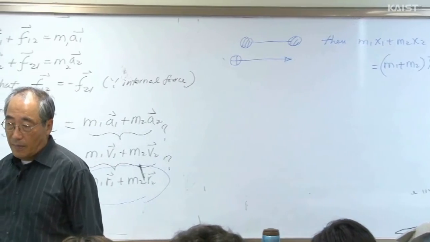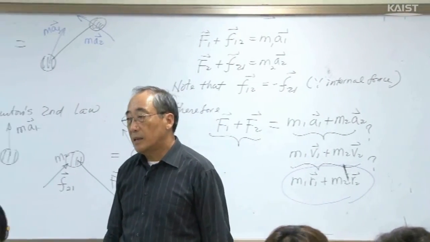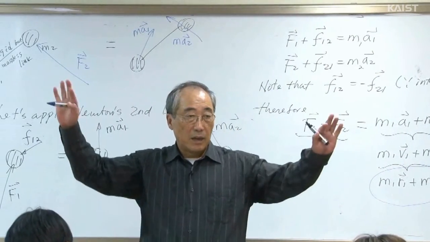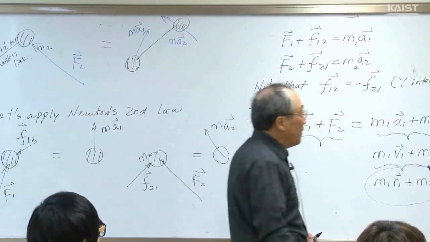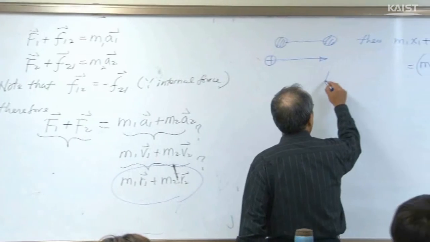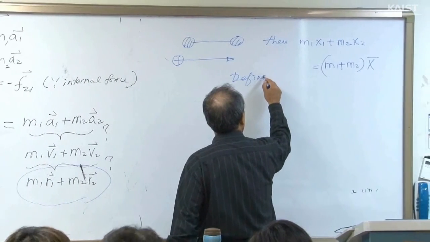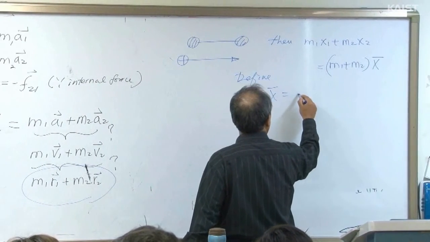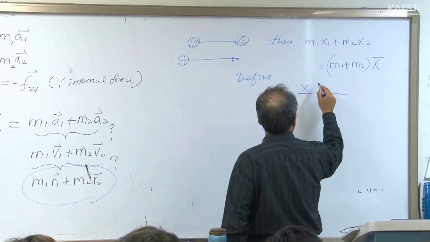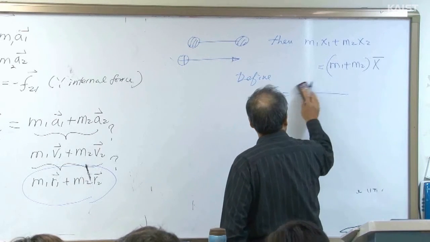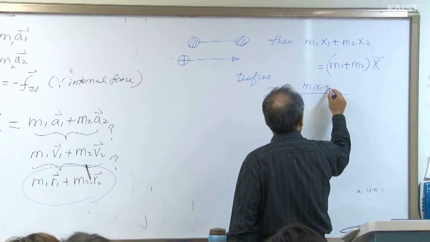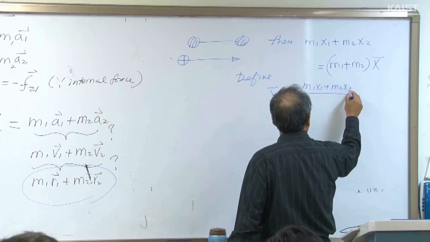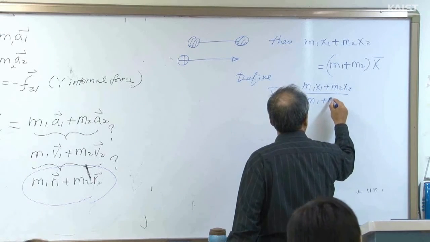What is that? Can anybody remember? We define that x bar is equal to m1 x1 plus m2 x2 over m1 plus m2.